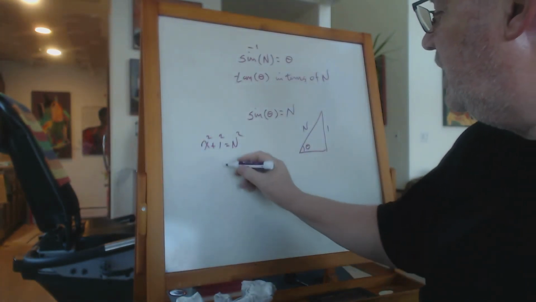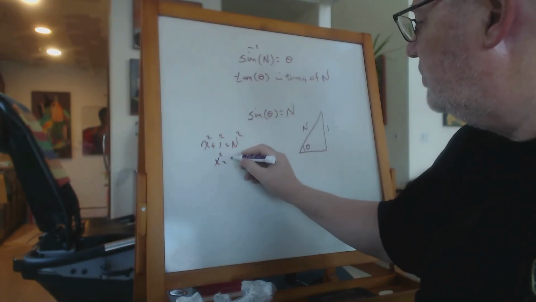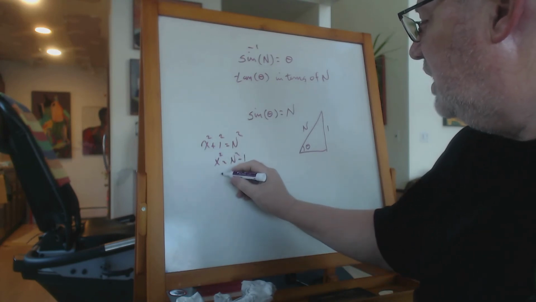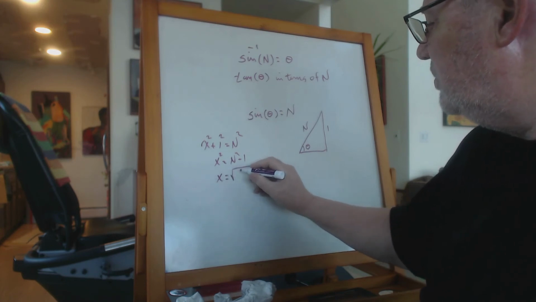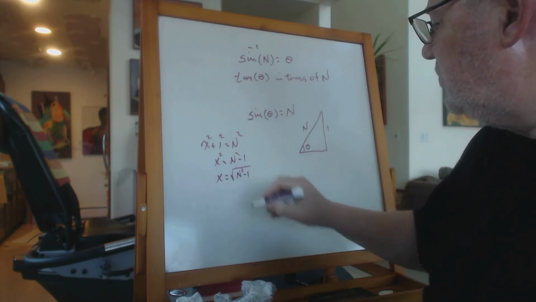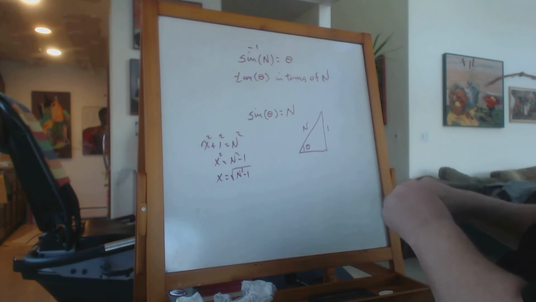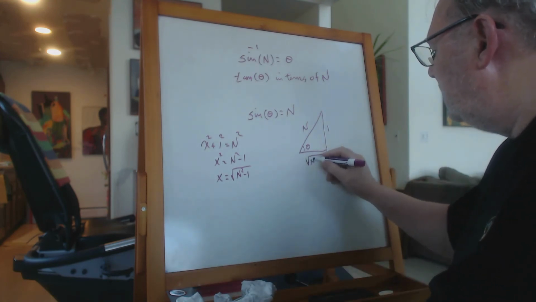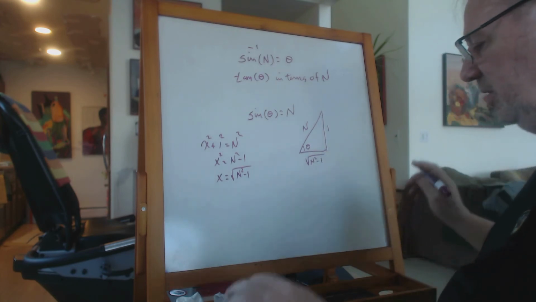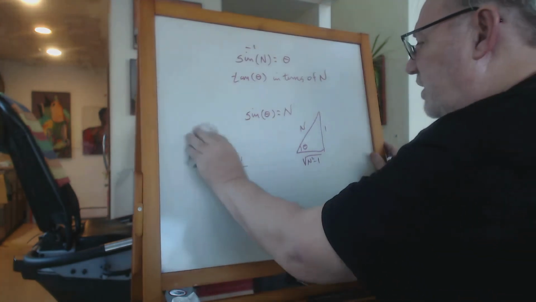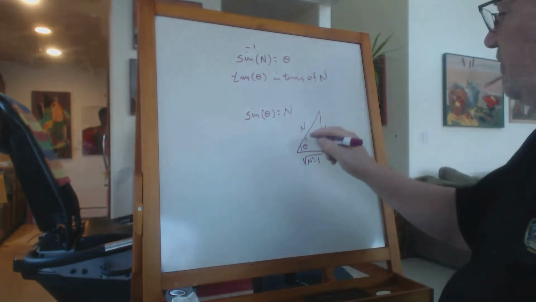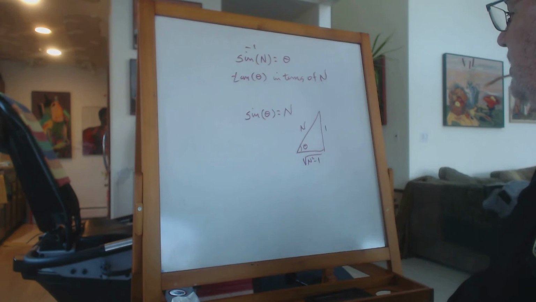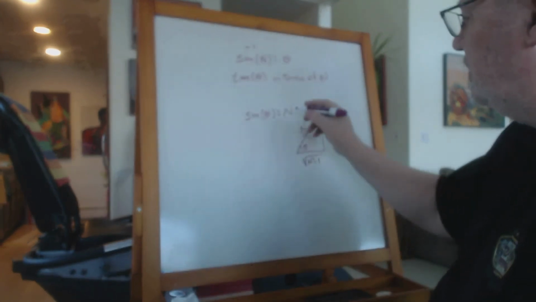And so x squared equals n squared minus 1. And x equals the square root of n squared minus 1. And that's because we know that sine of theta, which is the opposite over the hypotenuse, is equal to n.